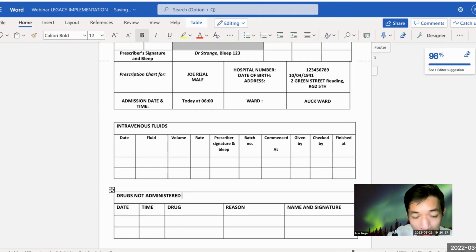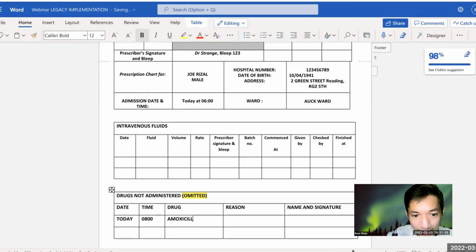So what are the things that we only need to write in this section? The only thing that we need to write in this section are the medications you are omitting. An example of which is, let's say the patient is allergic to amoxicillin, the penicillin, and the medication prescribed is amoxicillin. You could write the word today to indicate the date. Let's say 8 o'clock, and the drug is amoxicillin.